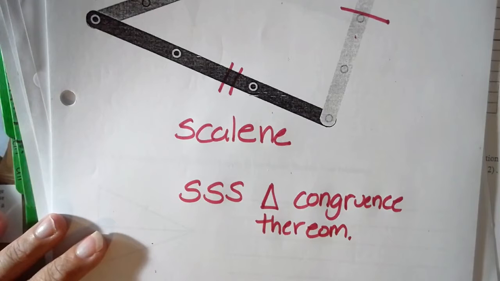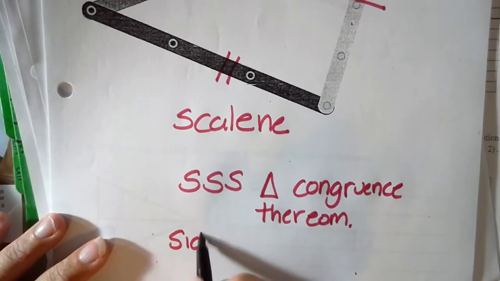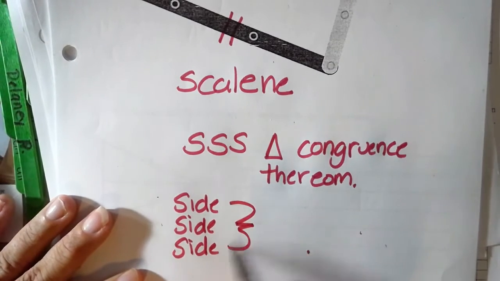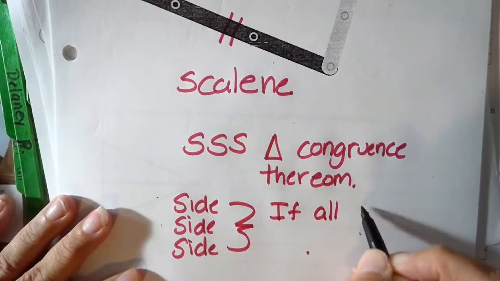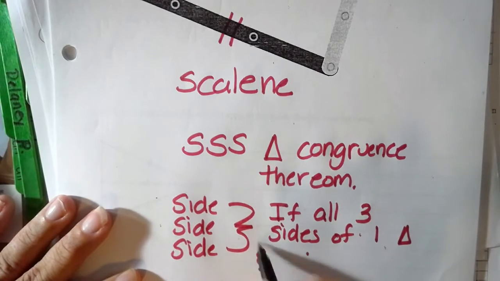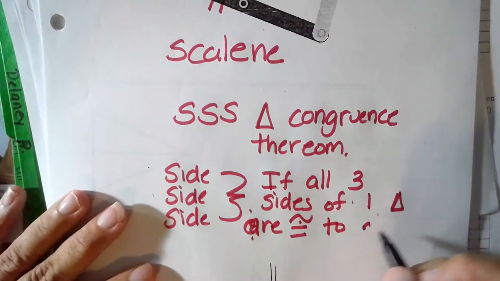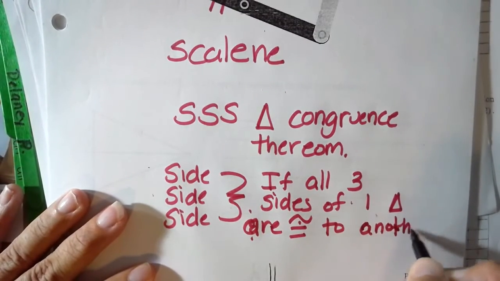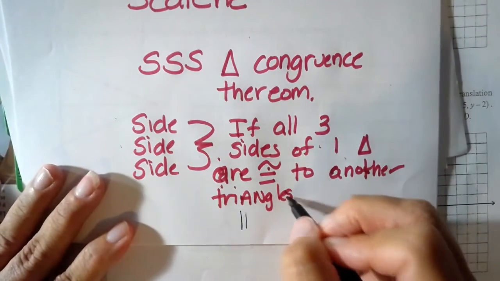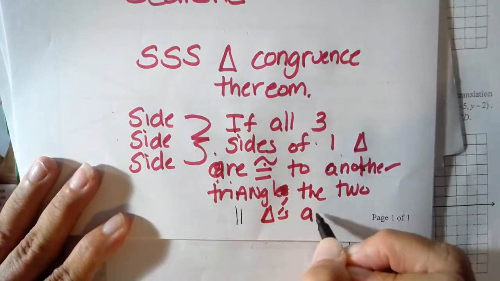And what it basically says, and this stands for side, side, side, is if all three sides of one triangle are congruent to another triangle, the two triangles are congruent.